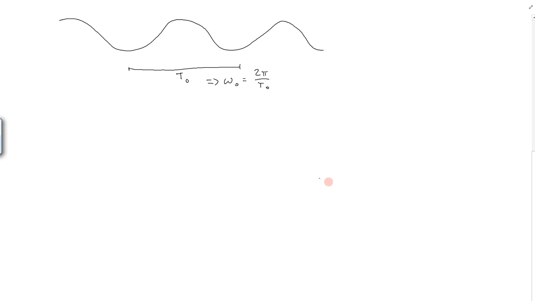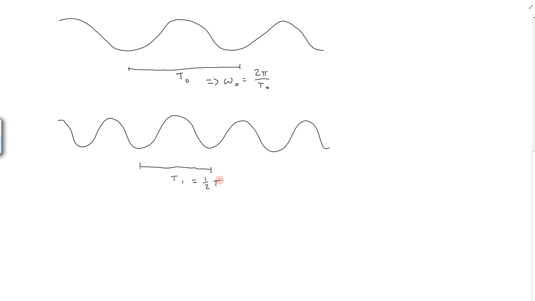Now we can use higher frequencies to create our more complicated signal as a weighted summation of these sinusoids, but the other sinusoids have to obey a specific property. So let's take another one of these, maybe something like this. It's at a higher frequency than the previous one, and if we look at its period, let's call it t1, it's going to be 1/2 of t0, which means that its frequency is going to be twice the frequency of this signal over here.